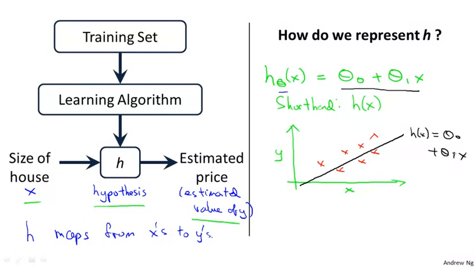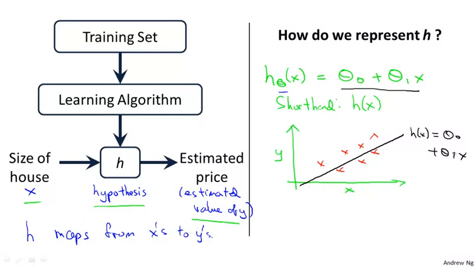Okay? And why a linear function? Well, sometimes we'll want to fit more complicated, perhaps nonlinear functions as well. But since this linear case is the simpler building block, we'll start with this example first of fitting linear functions, and we'll build on this to eventually have more complex models and more complex learning algorithms.